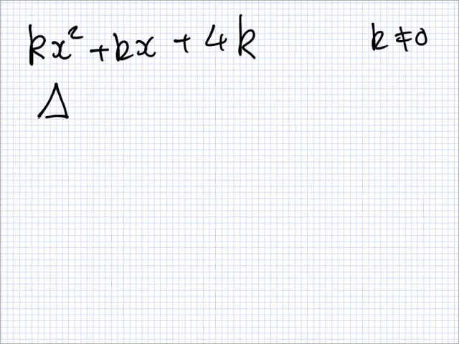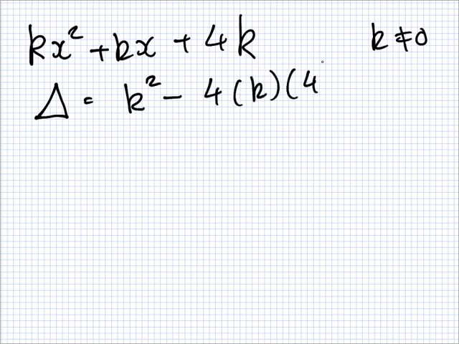So the discriminant is b squared minus 4ac. Sorry, I'm in the wrong mode.